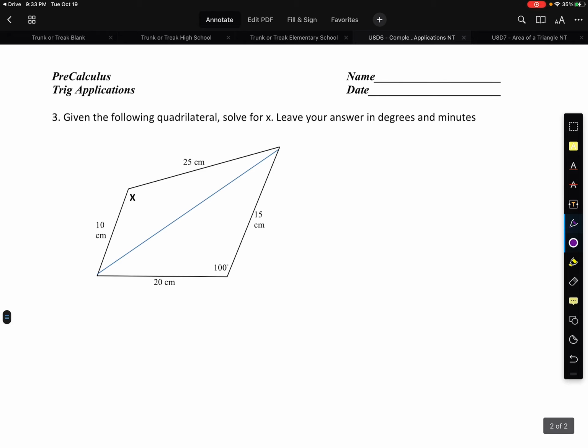Last upper level problem I've got is here. Given the following, solve for x. And I'm even going to add to this: find the area of this quadrilateral. I can call this section 1 and this section 2.